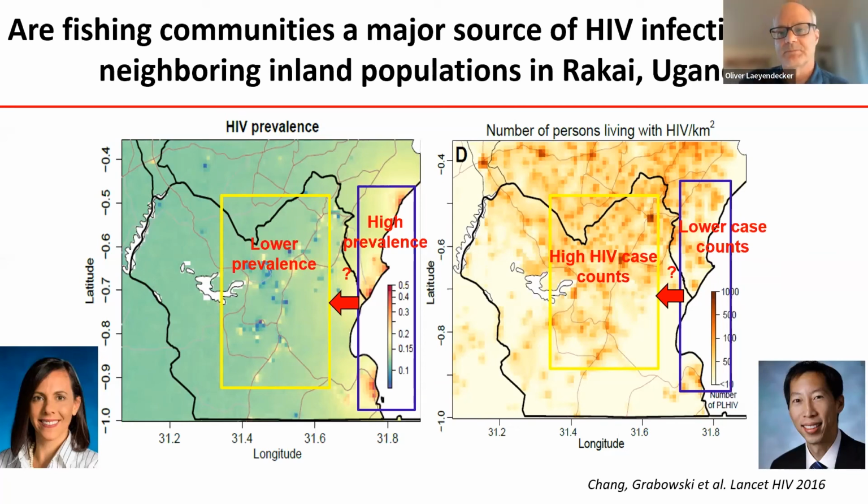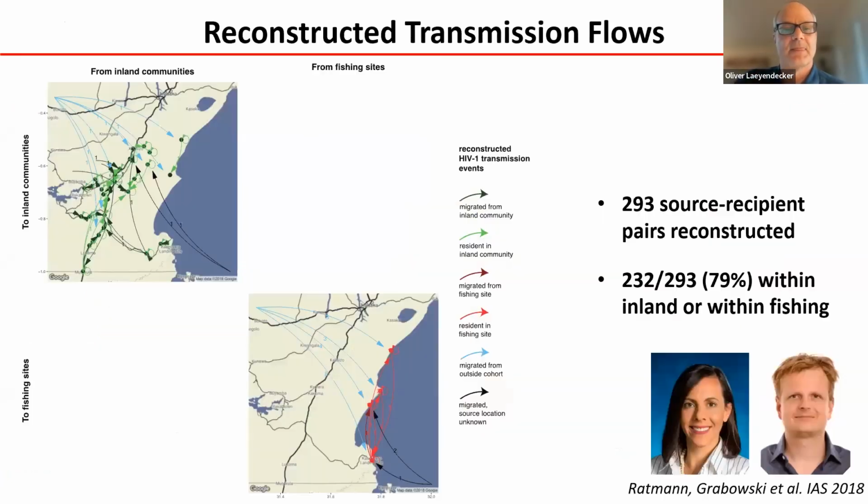And so there are a lot fewer people who live along the coast than in the central farming regions, but the prevalence is so much higher along the coast. And so this was work done by Kate and Ollie Ratmann, and I need to update that citation.